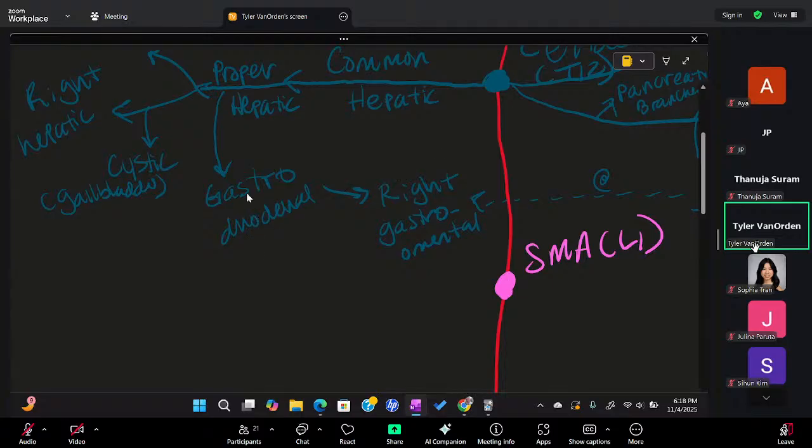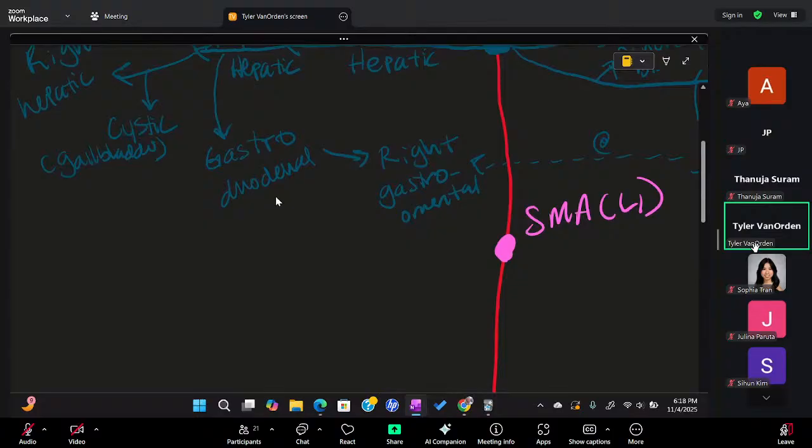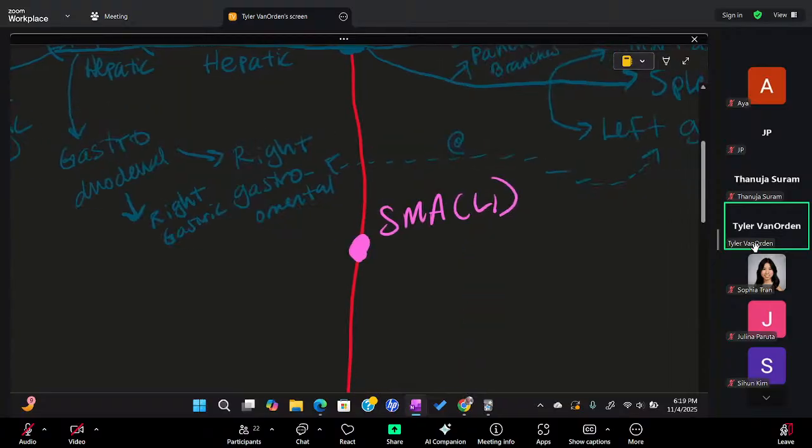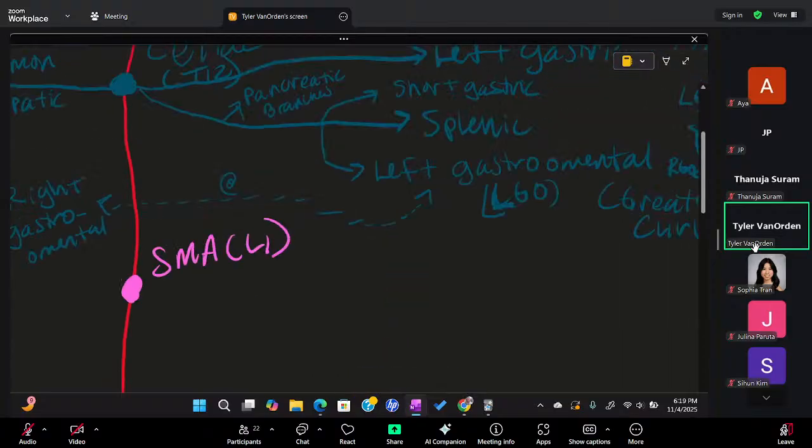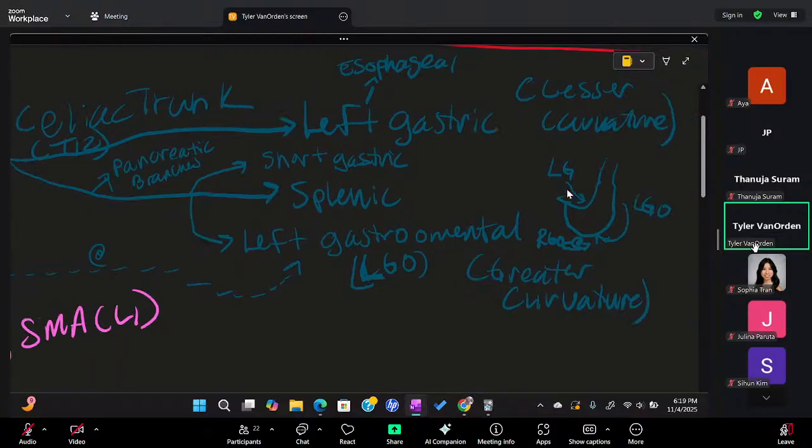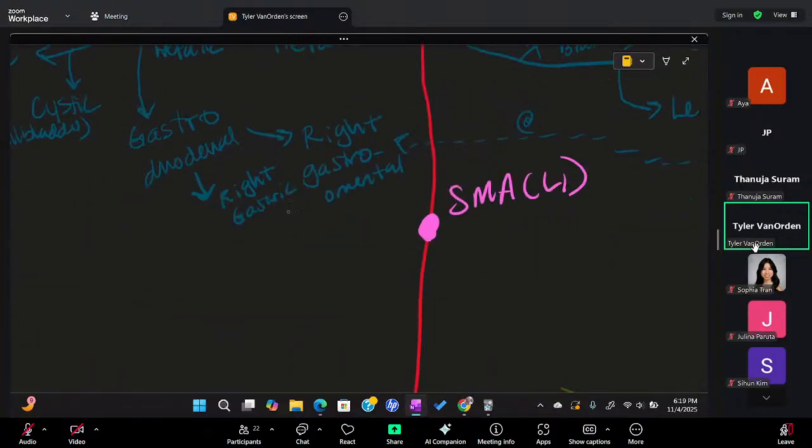Just for the sake of the line diagram, though, I'm drawing it off of the gastroduodenal, and that is the right gastric artery. And again, if we have a right, we have a left. So left gastric on that lesser curvature over here is going to anastomose with the right gastric artery. I'm just going to do it like this for sake of time. Left gastric at the lesser curvature of the stomach.